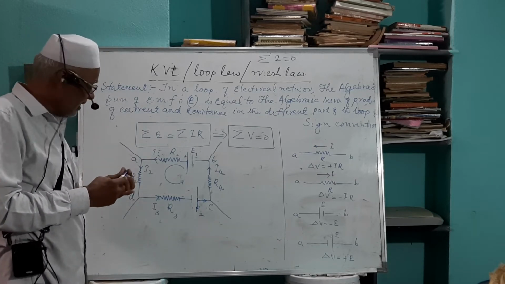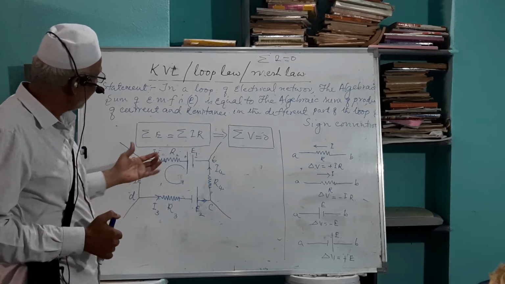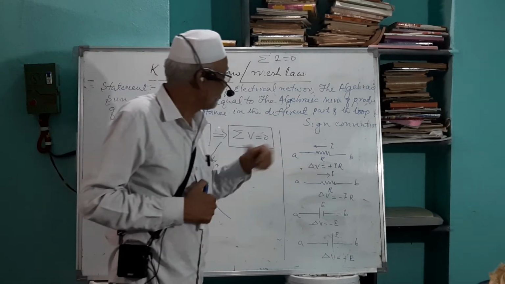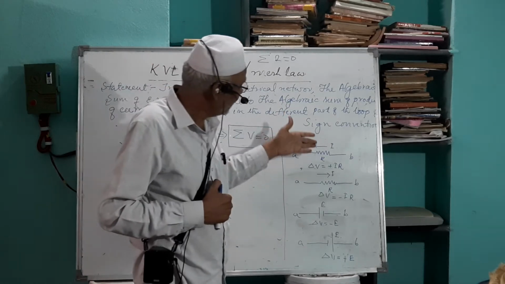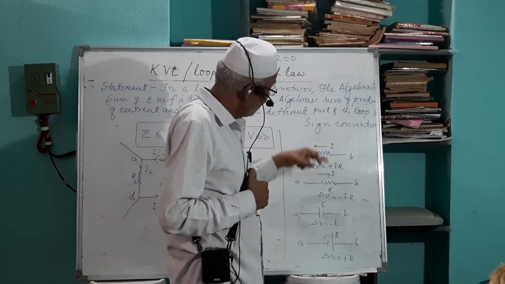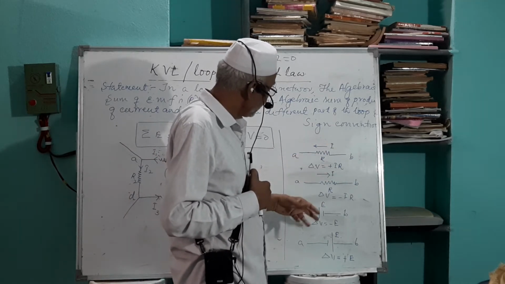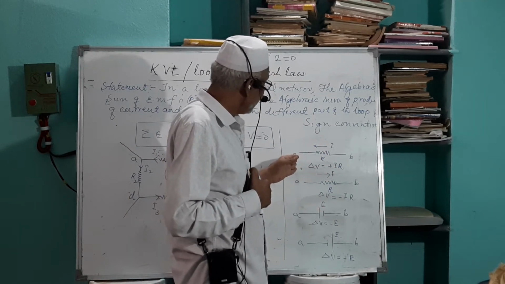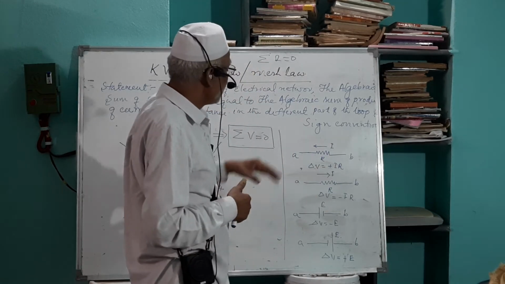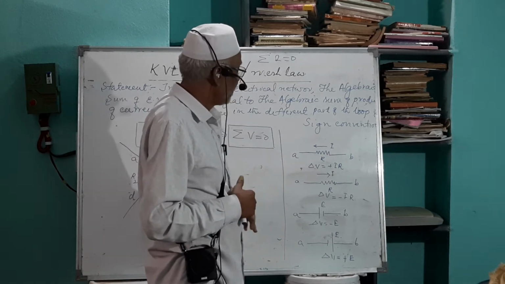Now before applying the KVL law for the complex circuit, you have to be familiar with the sign convention. For all the resistors or cells, the mesh is rotating from A to B, is it? So how do we take the IR product sign convention?